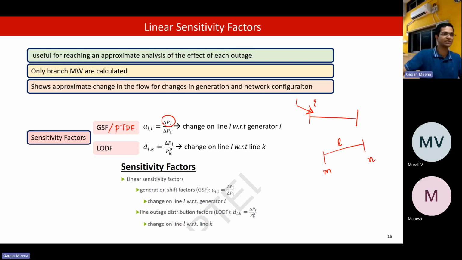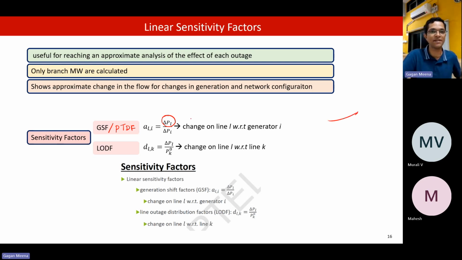The generation shift factor tells what will be the change in the line flow when there is a change in injection on some bus I. And PTDF is when there is a transaction happening between two buses: injection happening at the ith bus, withdrawal at the jth bus.